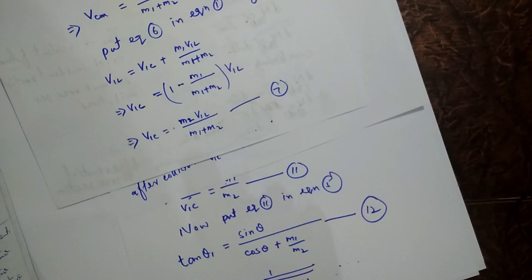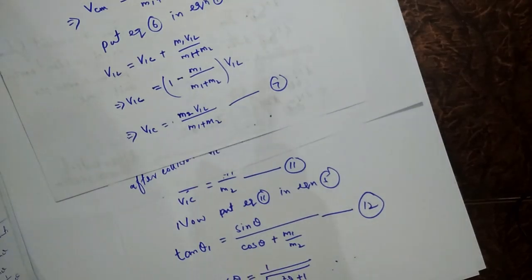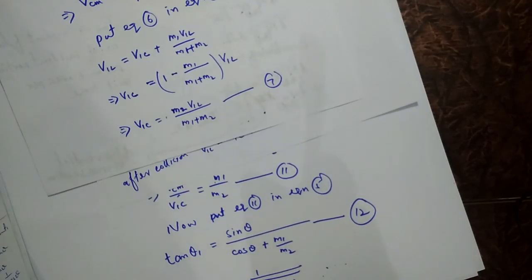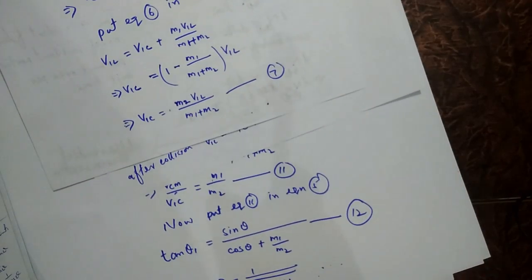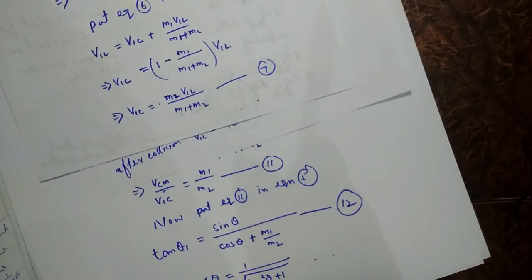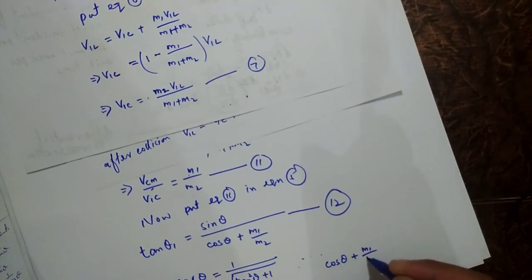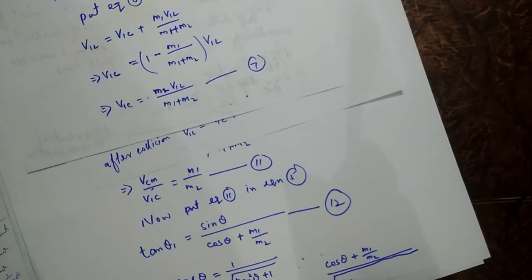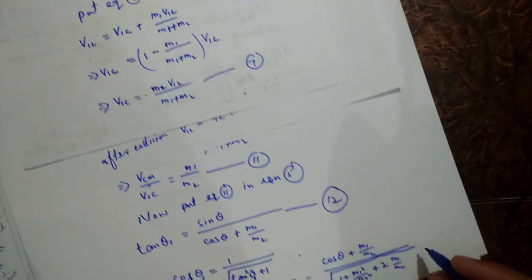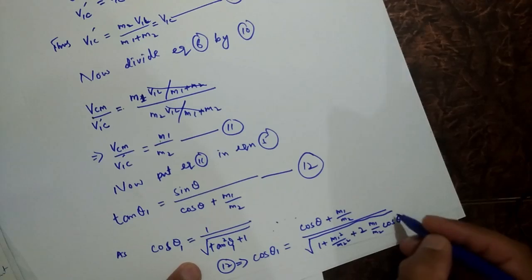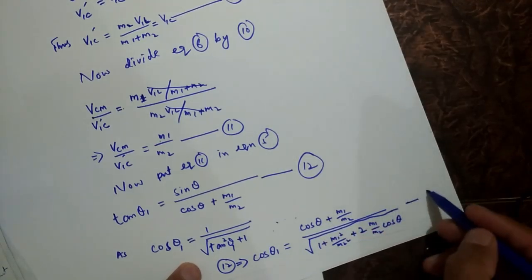By using this value we can simplify and write equation number 12 as cos theta 1 is equal to cos theta plus m1 upon m2, divided by the whole under the root of 1 plus m1 square upon m2 square plus 2 m1 upon m2 cos theta. So this is equation number 13.